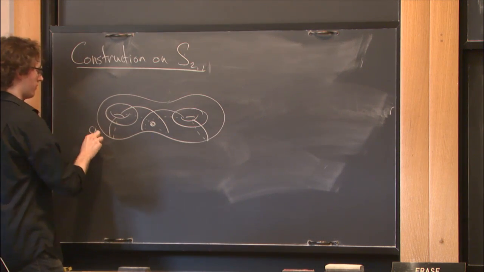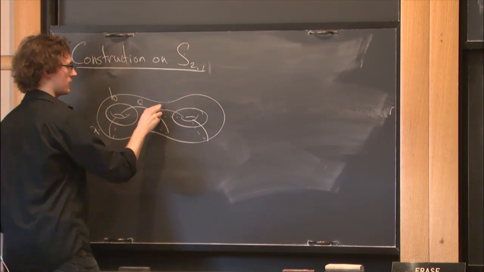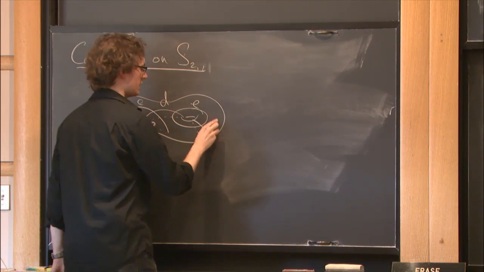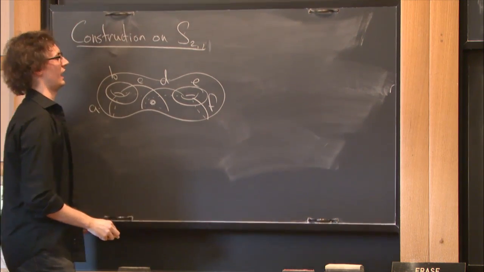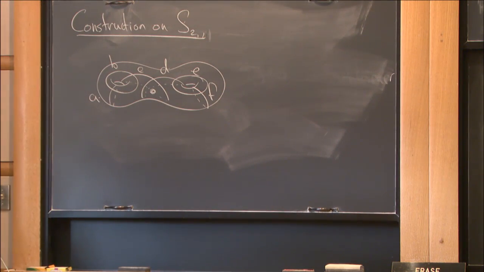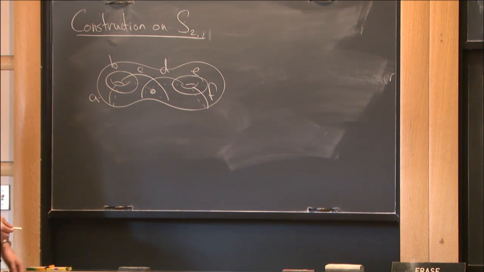We're going to have curves A, B, C, D, E, and F. And these 6 curves are going to let me tell you about a mapping class by doing Dehn twists along these things. So cut, rotate, and reglue back together.